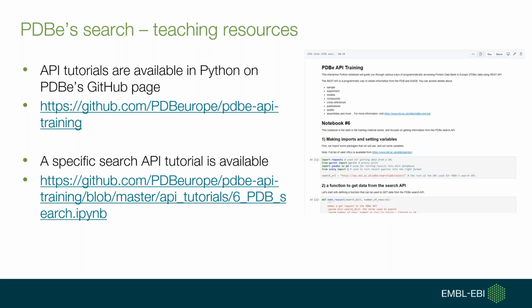We have provided and made available tutorials of how to use a lot of these features on our GitHub training pages, which are shown here, which provide Python walkthroughs of how to get data here. And the specific example that we have for searching is available in part 6 of this series.